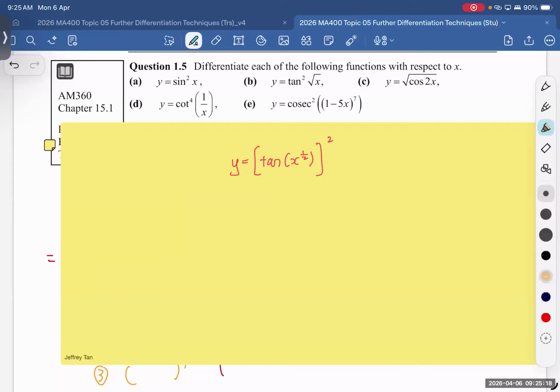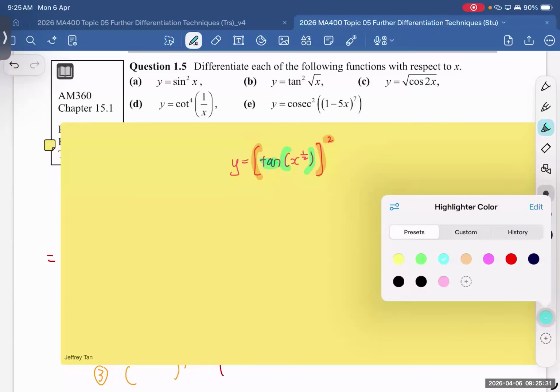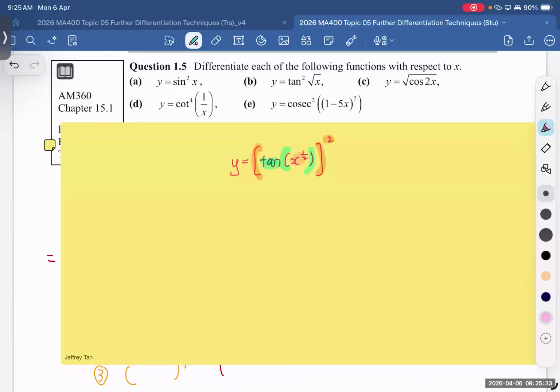Okay, so you look at the brown as the first layer. You look at blue as the second layer. You look at the pink as the third layer. Can you see? So 3 layers, differentiate layer by layer. Can anyone start at any question?